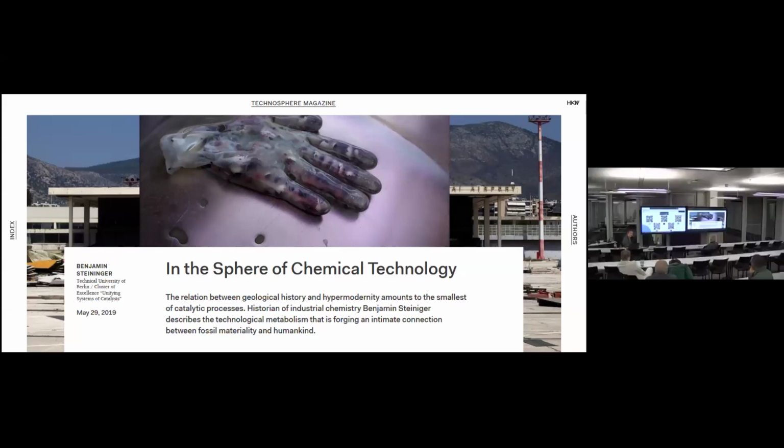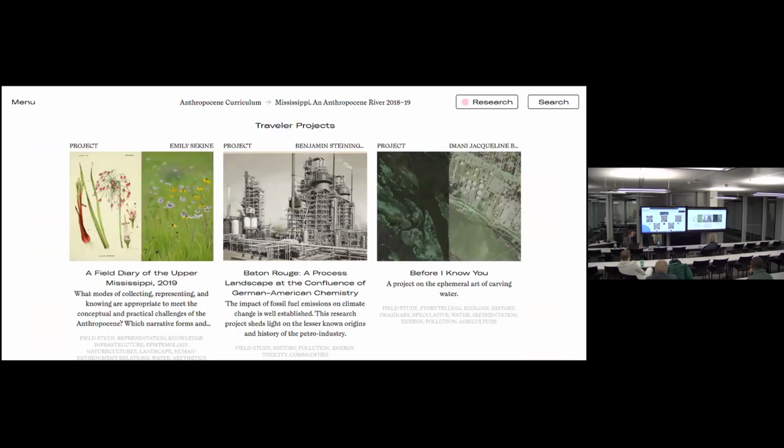In the last years, I contributed a lot to activities of Haus der Kulturen der Welt in Berlin, which was quite a leading actor in all these Anthropocene discourses.